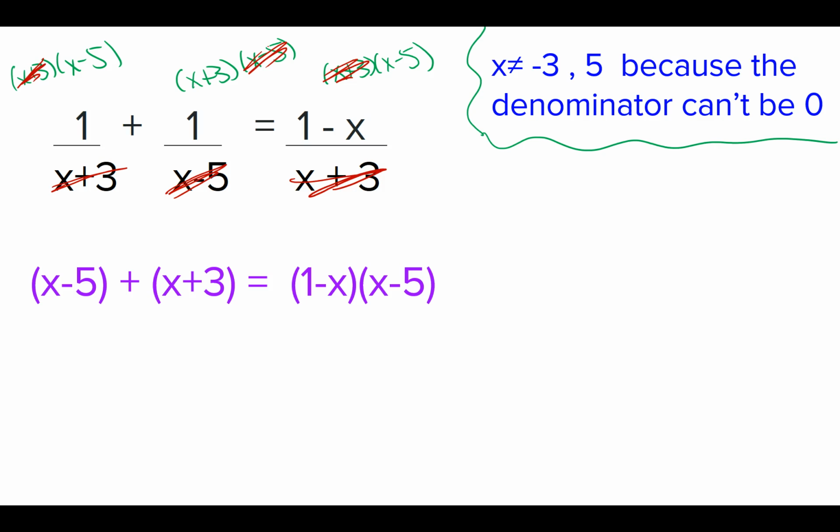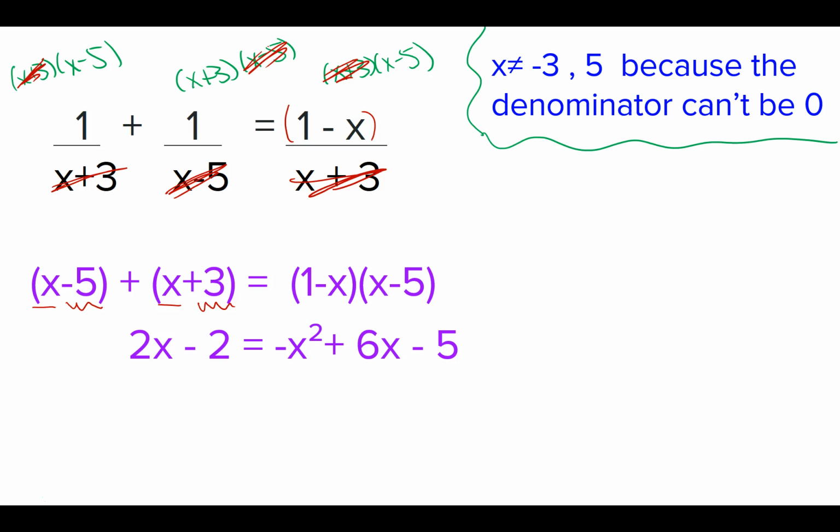It's going to be equal to 1 minus x, which was already here, multiplied by the x minus 5 that we're bringing in. You need to combine like terms on this side to give you 2x minus 2.